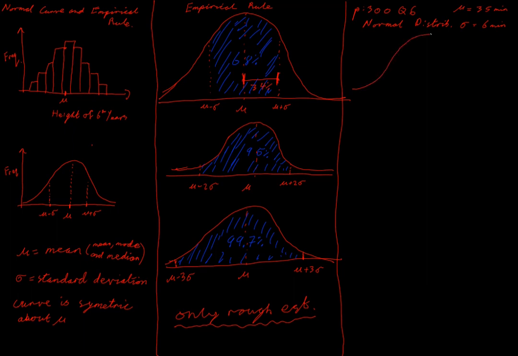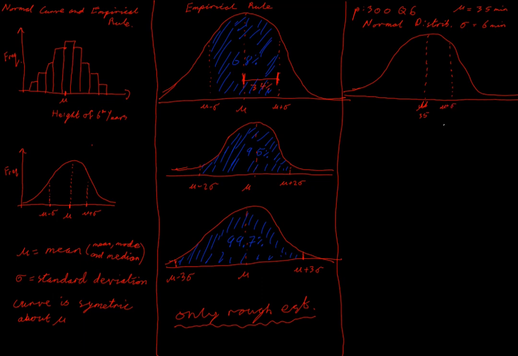I'm going to draw in my bell curve as well as I can, and draw in my mean in the middle. My mean is going to be 35. One standard deviation up from that mean is the mean plus one standard deviation. What's that going to be?